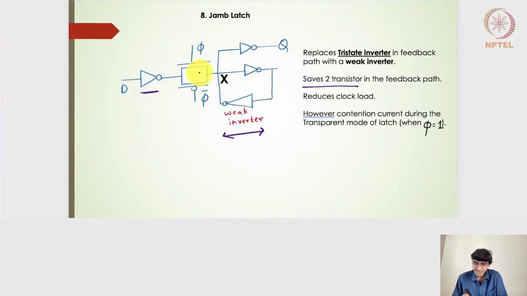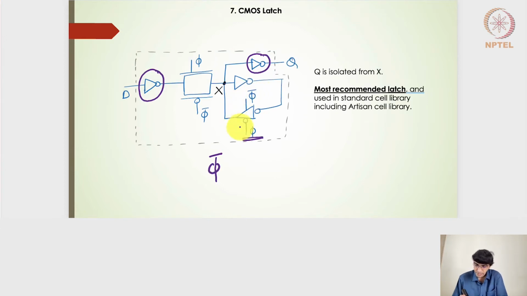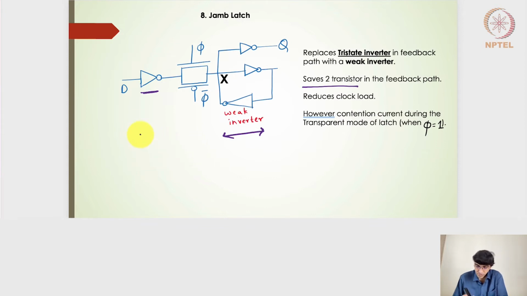The other thing is the clock in the tri-state inverter. So let me draw the tri-state inverter here. If I go back to the previous slide, this is what I'm talking about, the tri-state inverter, which is clocked. So what we had was a tri-state inverter, right? And this was considered phi-bar, and then this one was phi.